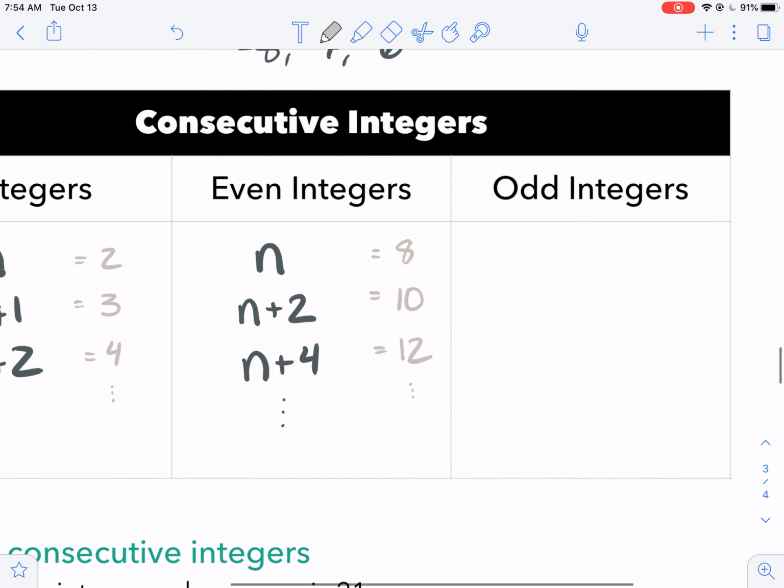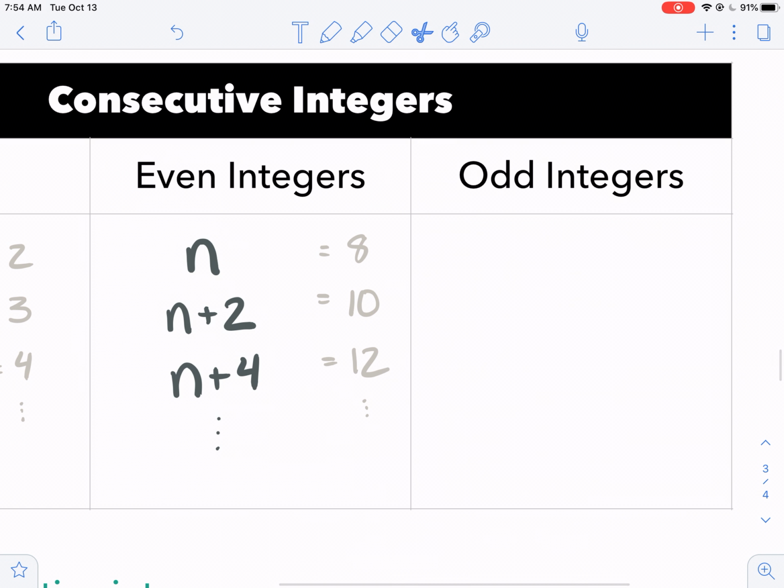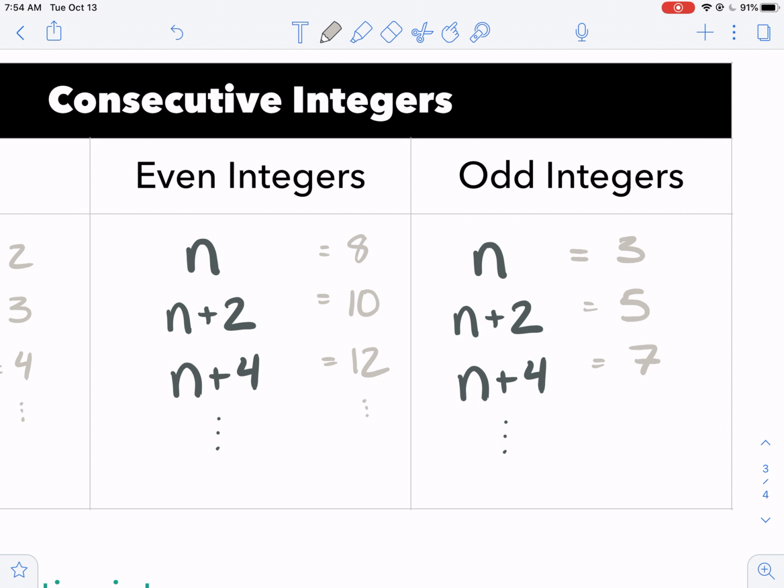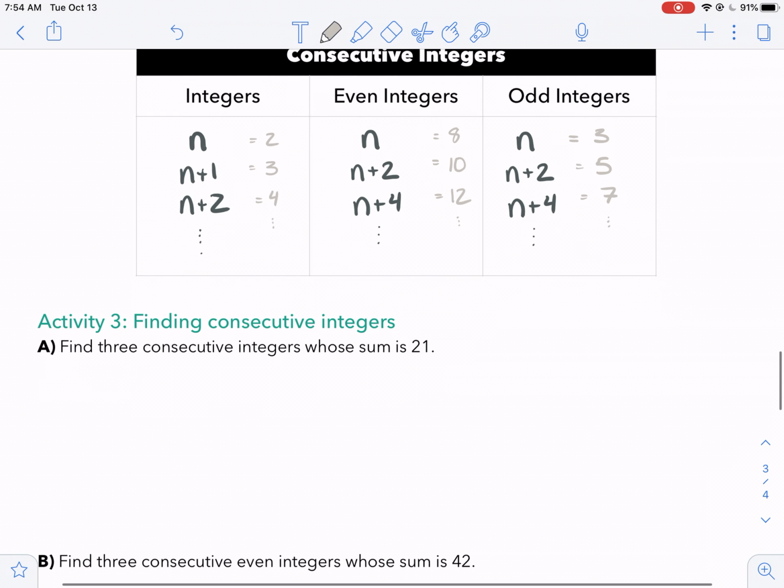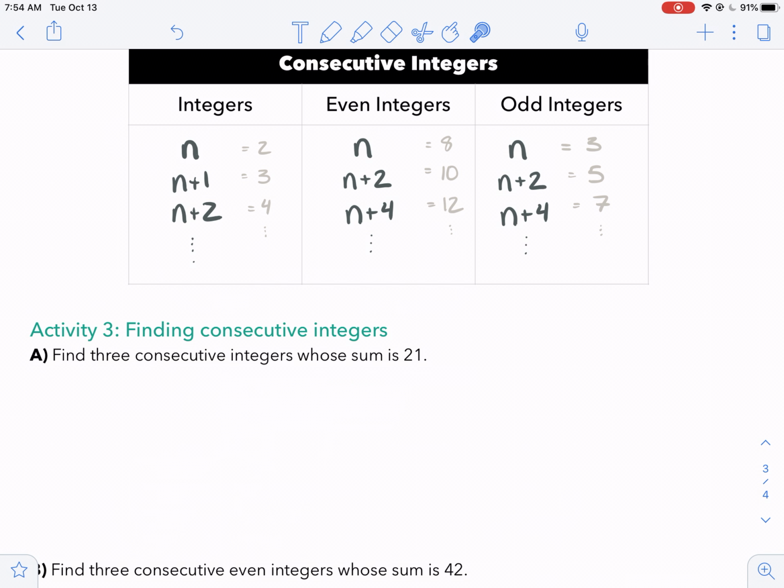But guess what, guys? To find odd integers, it's the same pattern. So if you want to find odd integers, that's odd numbers in a row, and you start with like 3, for example. The next one is 5, because that's 3 plus 2. The next one is 7, because that's 3 plus 4, and then you move on. So, what if you want to find 3 consecutive integers whose sum is 21?